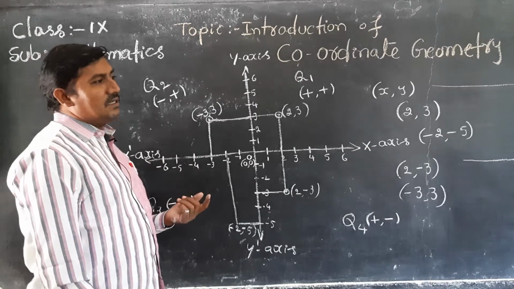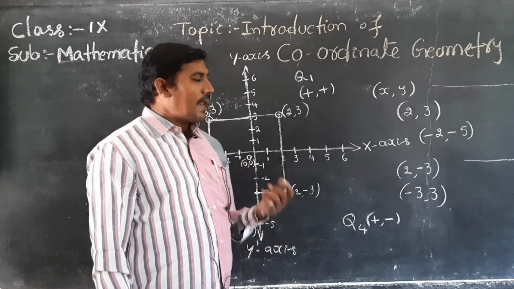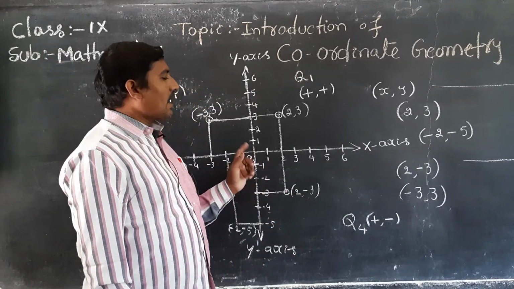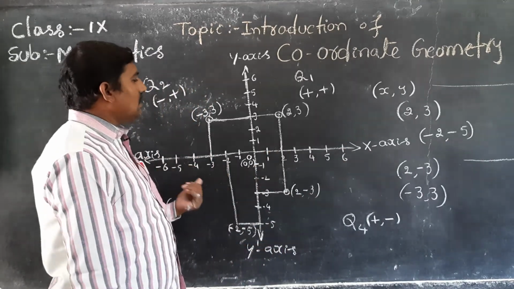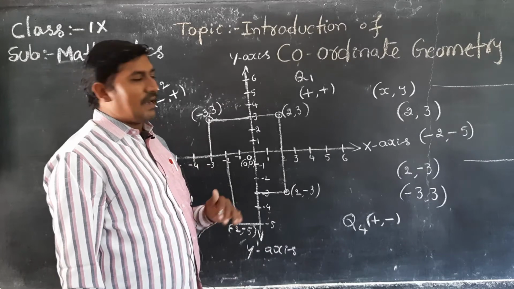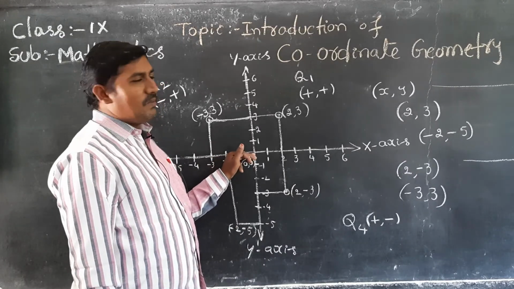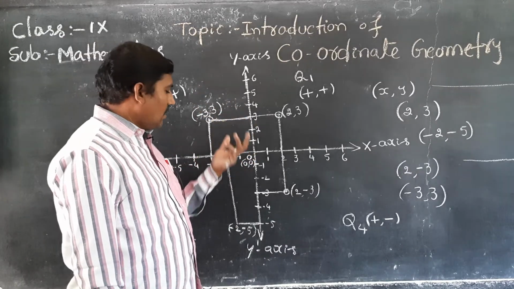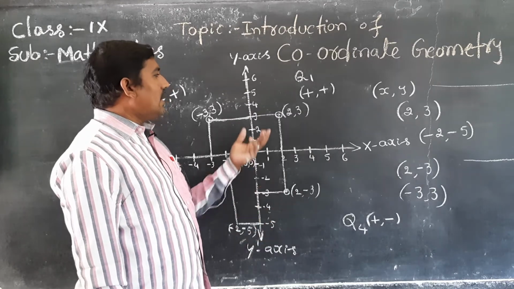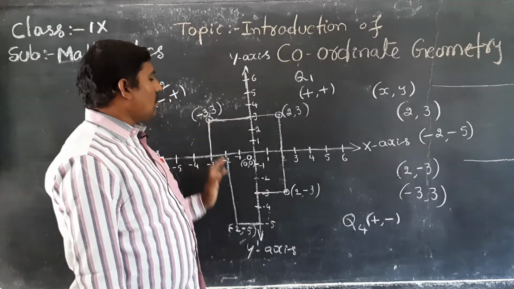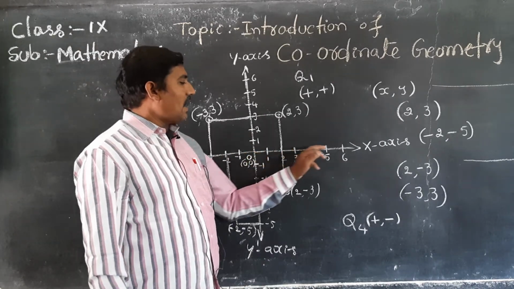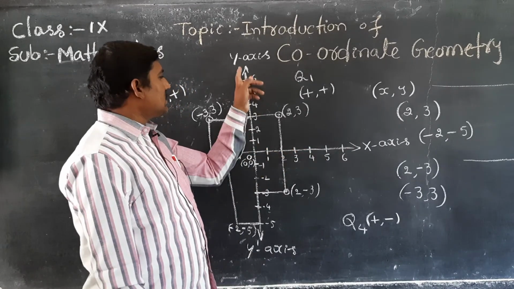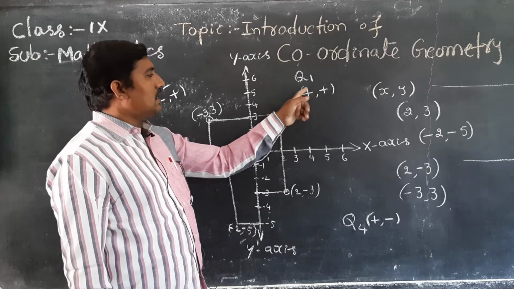The x axis works like a number line. Number line means the middle is 0, right side values are positive, and left side values are negative. The y axis is like sea level: the middle is 0, upside values are positive and downside values are negative. Now the values in each quadrant. In quadrant 1, x is plus and y is also plus, so plus comma plus in Q1.